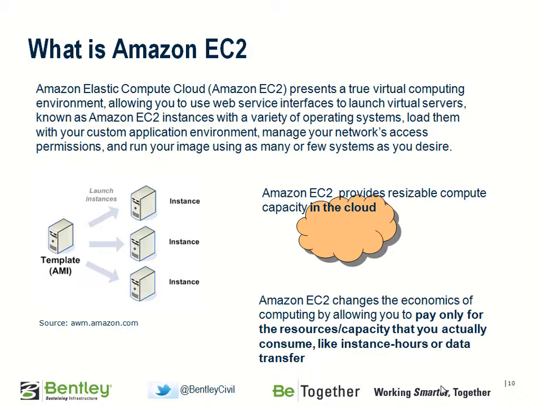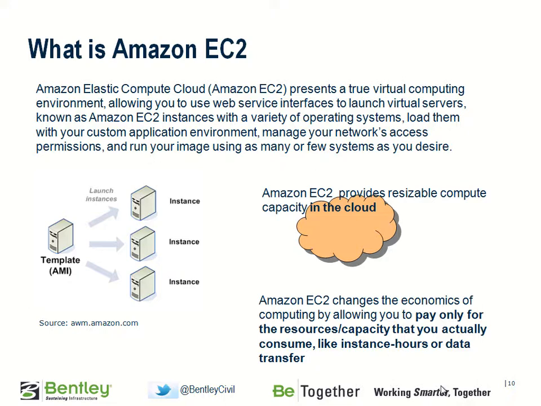And Amazon EC2 presents a true virtual computing environment, allowing you to use web services interfaces to launch virtual servers, known as Amazon EC2 instances, with a variety of operating systems, load them with your custom application environment, GINT for example, or SQL Server for example, manage your network access permissions, and run your image using as many or few systems as you desire.